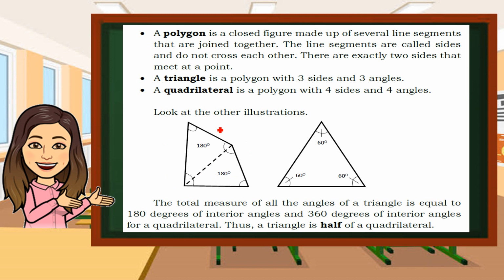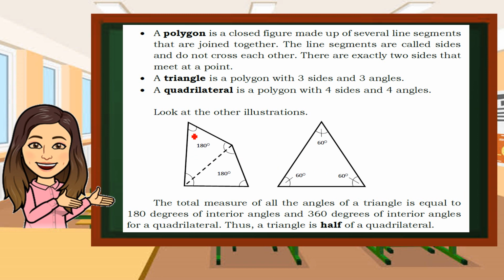This figure, because it has 4 sides, is classified as a quadrilateral. Okay, very good. And this one is a triangle. Very good, because it has 3 sides.